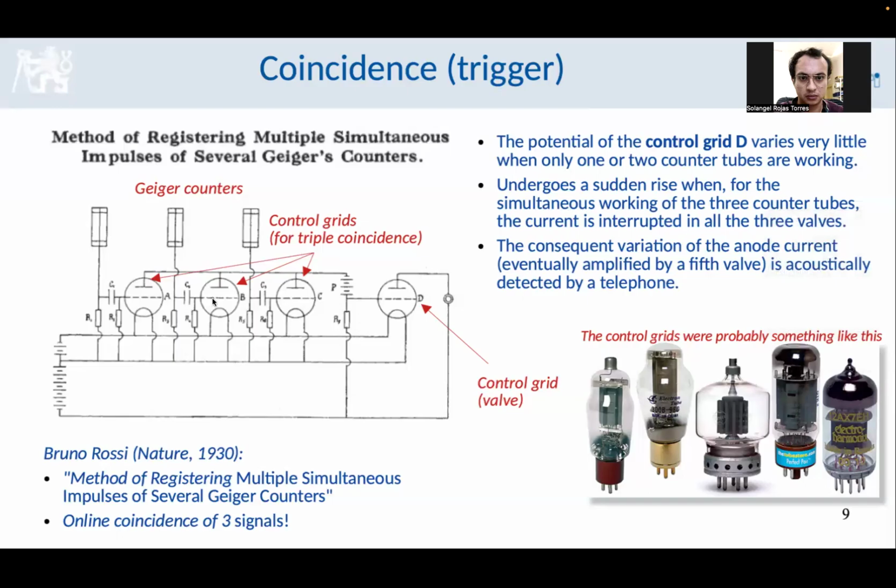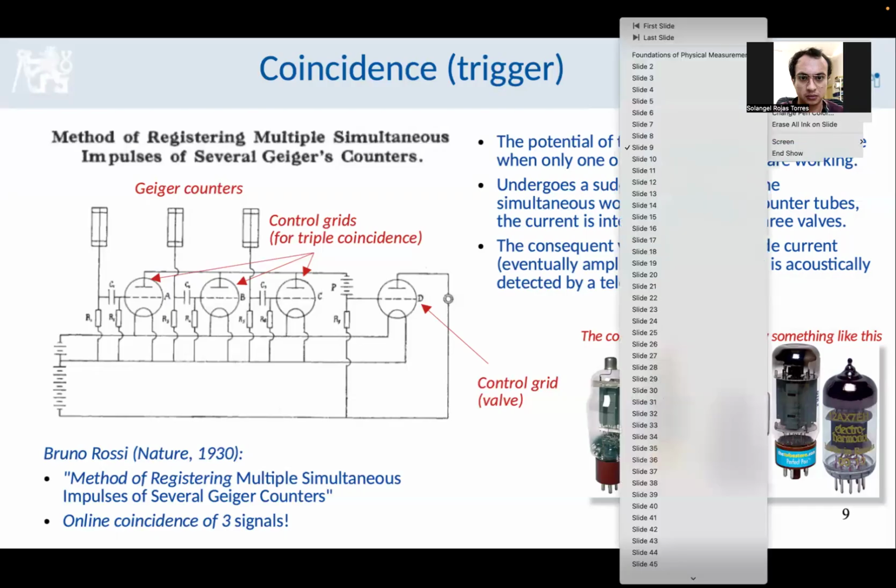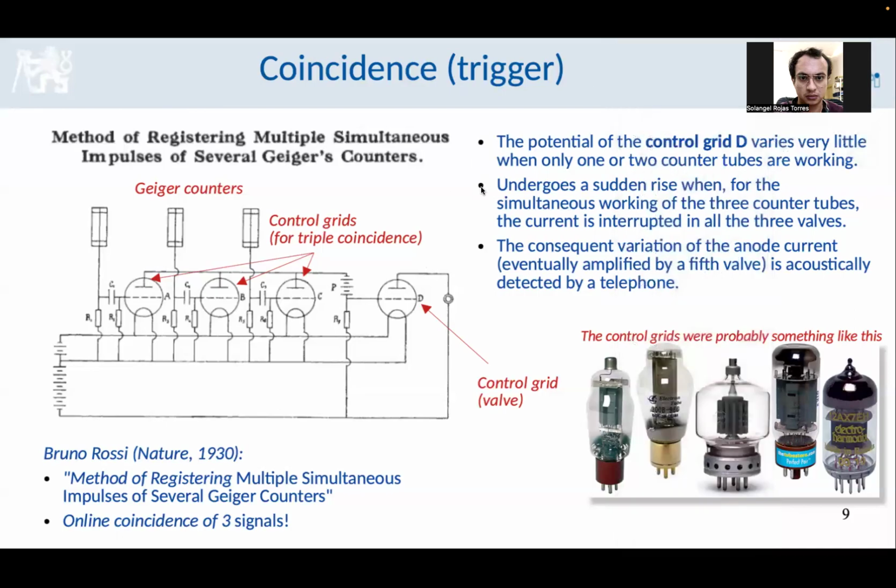When a certain threshold of current is reached, because basically the Geiger counter is just an avalanche. If the current is a sum of three of those, it passes another threshold. Oh, okay. Yeah, I think this is how it is designed. Okay.